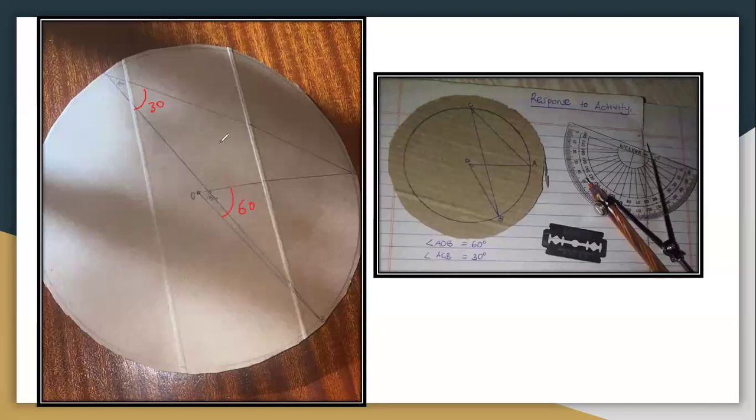So the theorem tells us that the angle you form at the circumference, this is the circumference here, is always half the angle you have at the center. The angle at the center is bigger than the angle at the circumference, and it is always twice. So let me see whether people can tell me, if this angle here was 80, which angle shall we expect here?